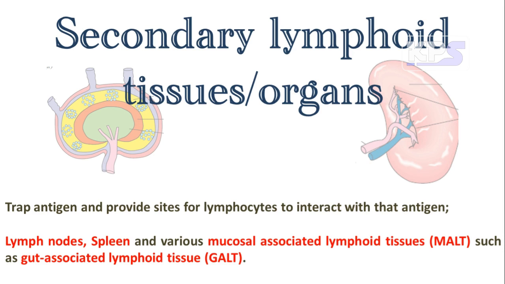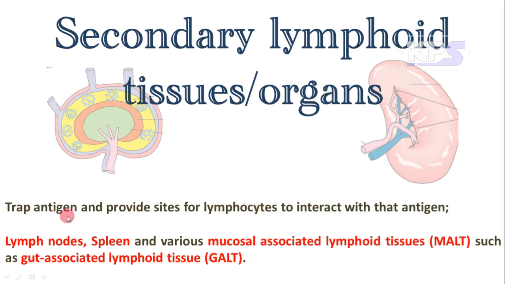So the function of the primary lymphoid organs is to produce immunocompetent B and T lymphocytes, whereas the secondary lymphoid tissues or organs are meant to provide an environment for the interaction between antigen and these matured lymphocytes.